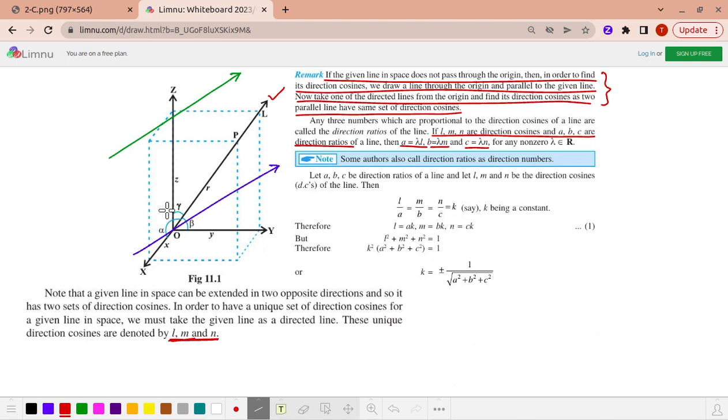So what I can say, dear students, is that suppose a line has direction cosines. I am writing direction cosines as DCs. What are the direction cosines?